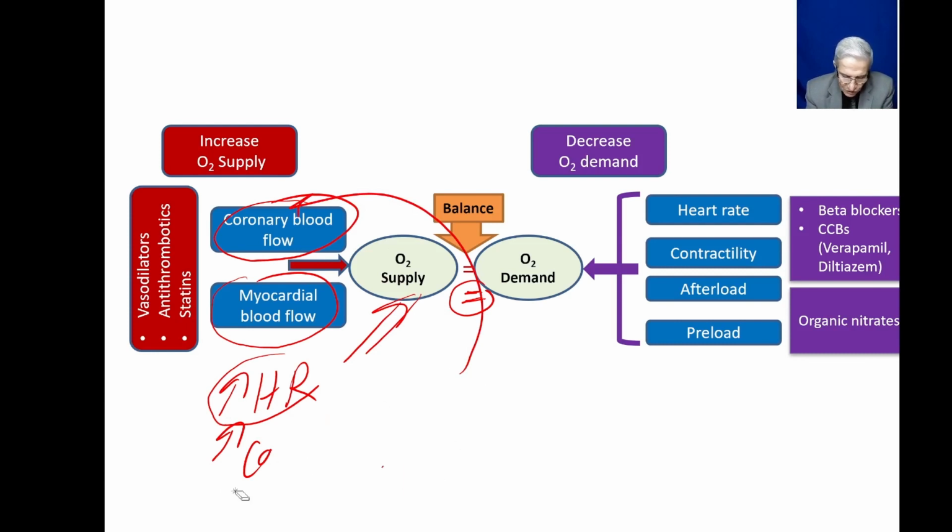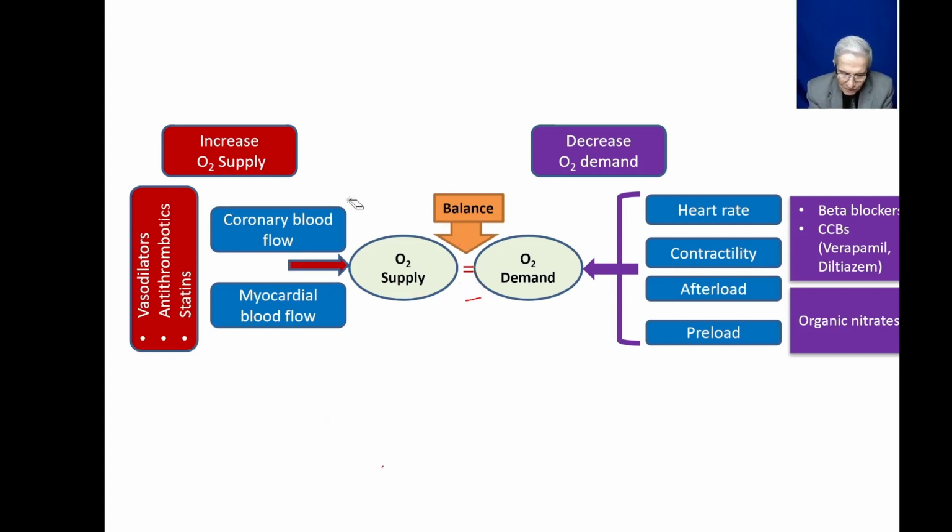For this reason, in a healthy subject, we have a balance between oxygen demand and oxygen supply. When you have a change in heart rate, or increased contractility, afterload, or preload, the demand for oxygen will be increased.